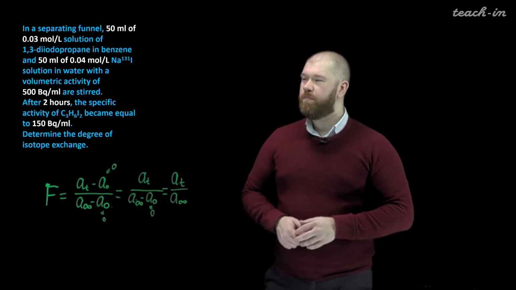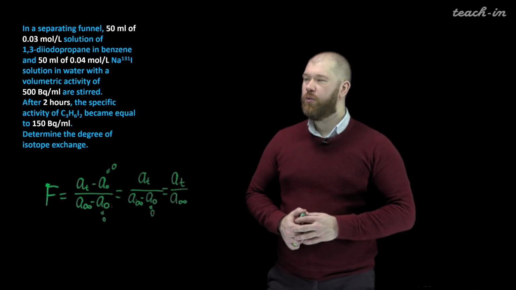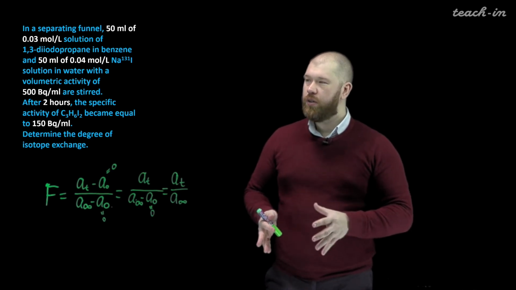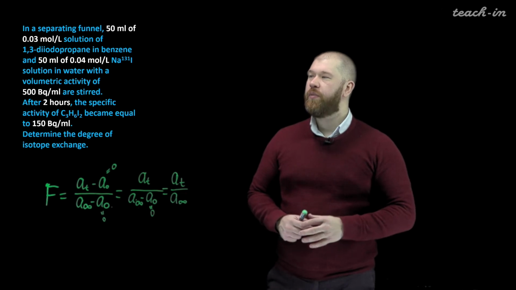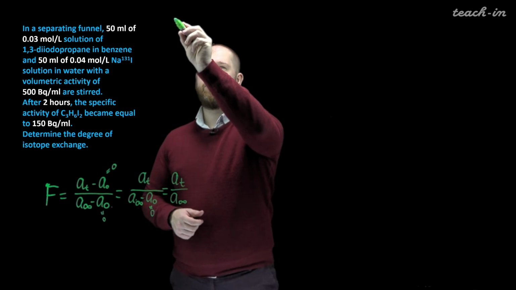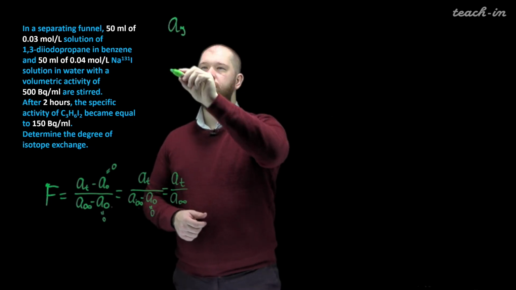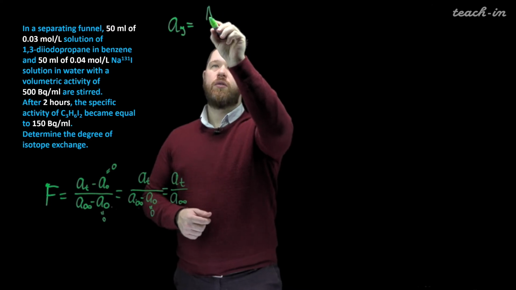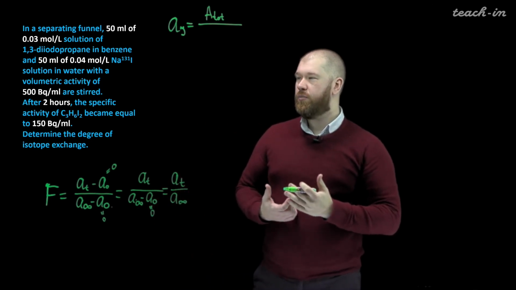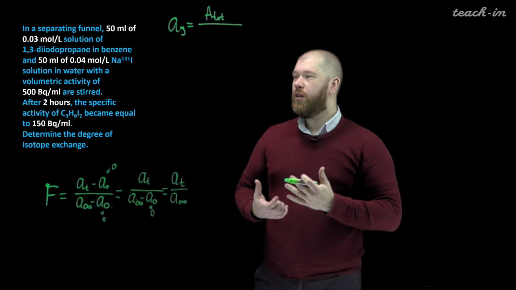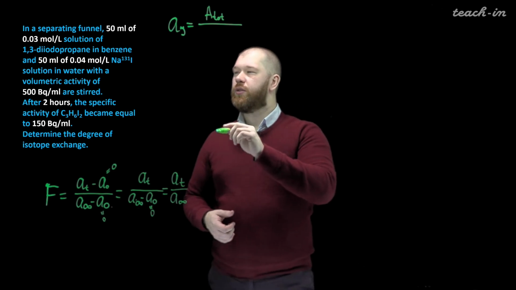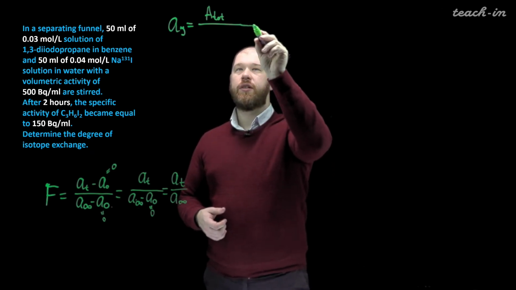How to calculate it? First of all, we have to calculate the specific activity of iodine atoms that will be in the system after reaching equilibrium. So the specific activity of iodine will be the total activity of iodine divided by the number of atoms of iodine in the system. What is the number of atoms, or the moles, of iodine atoms?